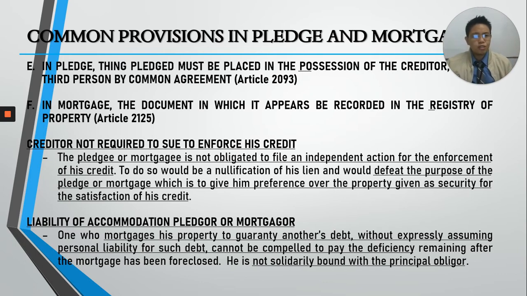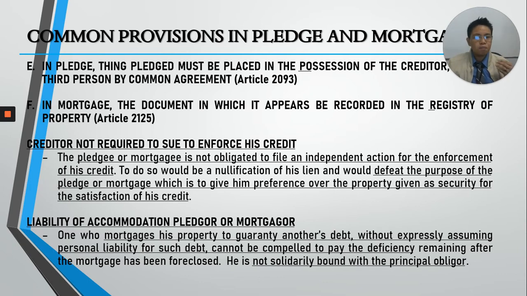But they do not assume personal liability para dun sa utang. Wala silang utang, tandaan nyo. So they cannot be compelled to pay the deficiency remaining after the mortgage has been foreclosed. And also, yung mga accommodation pledgor or mortgagor will not be solidarily bound with the principal obligor.